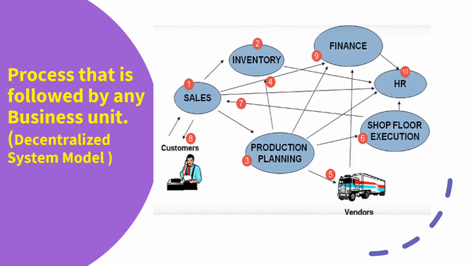Also, all departments approach the HR team for human resource related queries. This is a typical business process for any manufacturing company. So you can see how many complications there are.